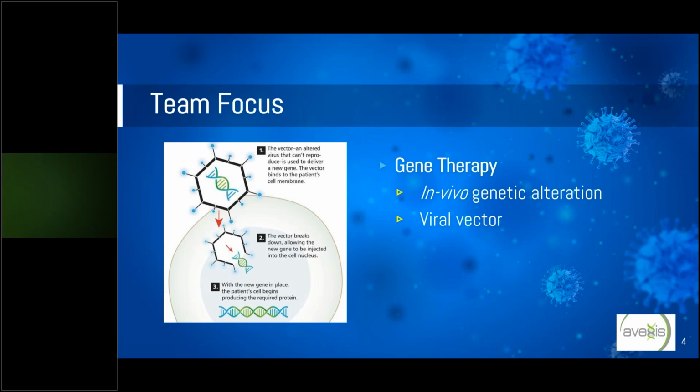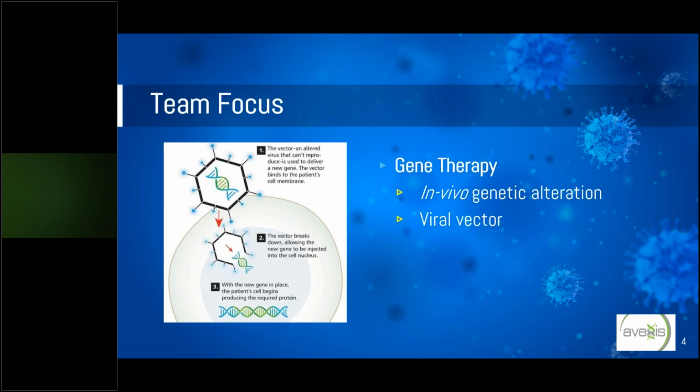So the area of focus for the process is based around Avexis and the products that they specialize in. As we know, Avexis is the sponsor of this hackathon, and they're the ones who actually provided the problem statement. So we really wanted to have a design base and base our assumptions around what we think Avexis's process might actually be.